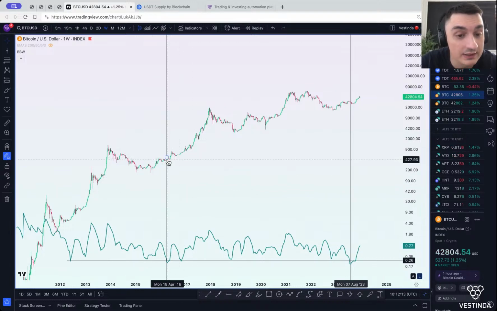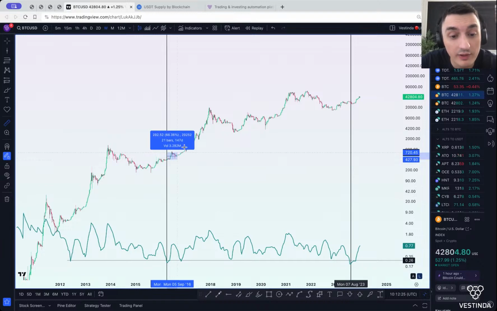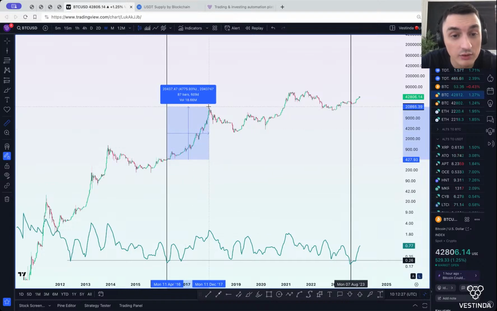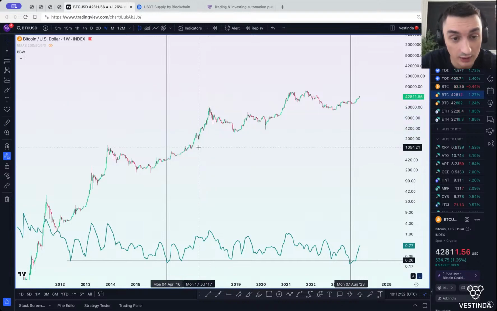And after that, Bitcoin price just soared really hard. From this Bollinger Band width point, we increased about 5,000%. So, well, it is insane.